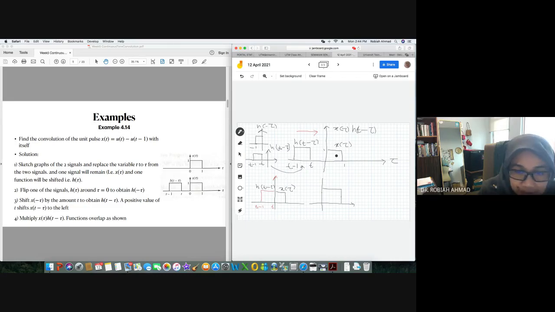Okay? Now we shift these signals. I will color this one red. It will move to the right, and then we want to find the area.